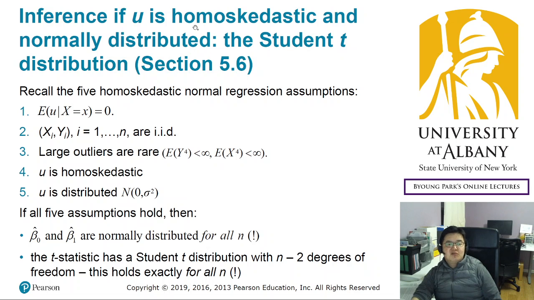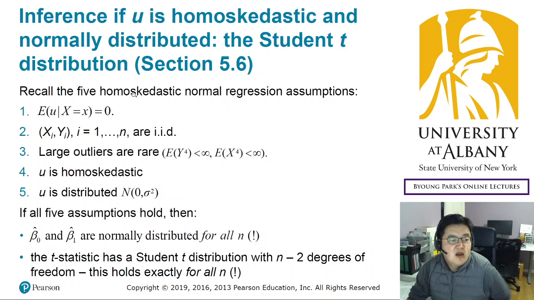The normal distribution is sometimes questionable. If you believe that the error term is always normal, then using this approach does not cause any problem. But in general, it is a very strong assumption because you don't know how the error term is distributed.